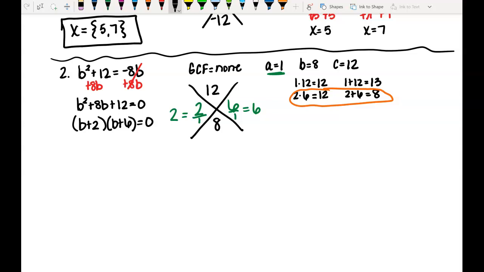Once I have them factored, then I need to make sure that I take each factor and set it equal to 0 to solve. So b plus 2 equals 0. b plus 6 equals 0.